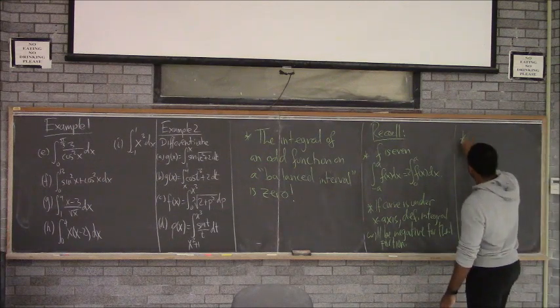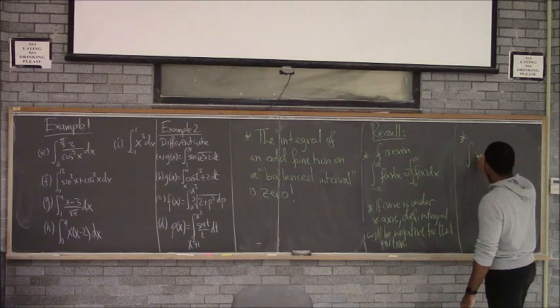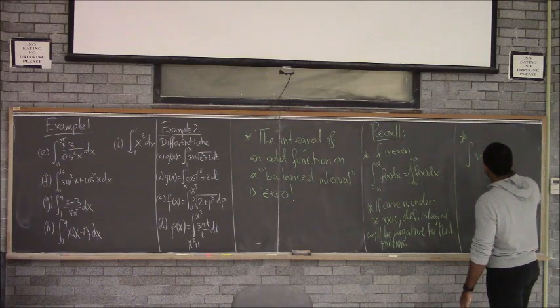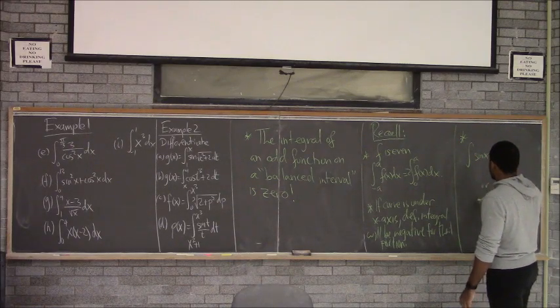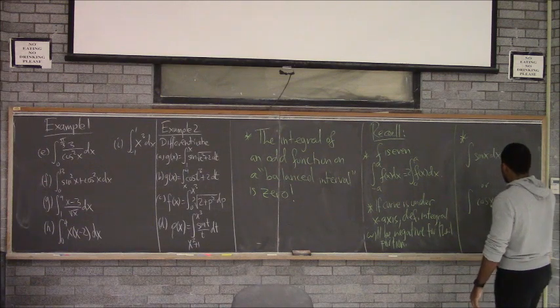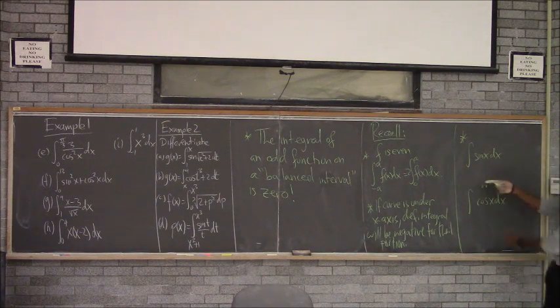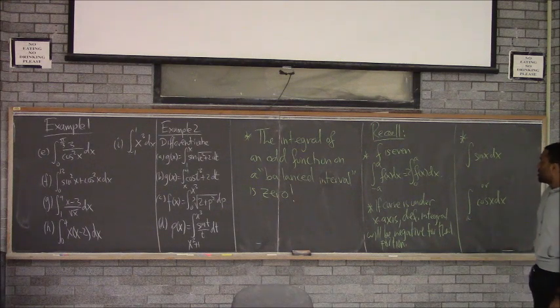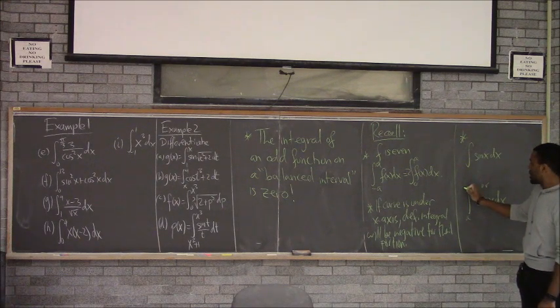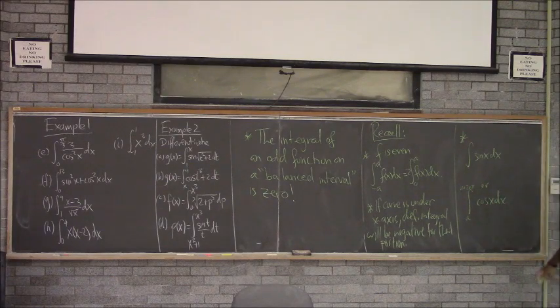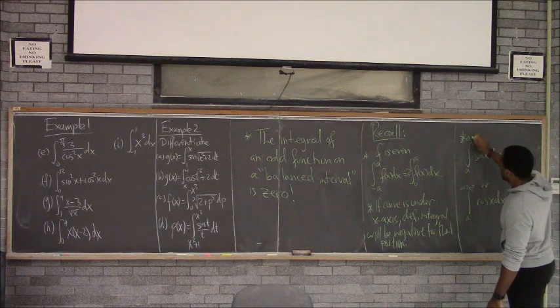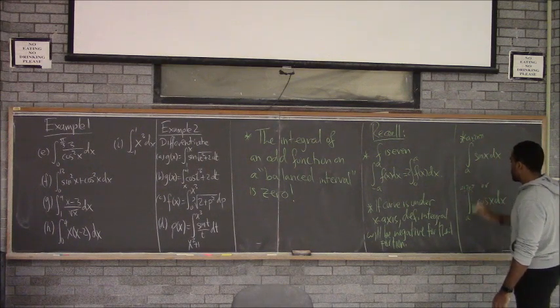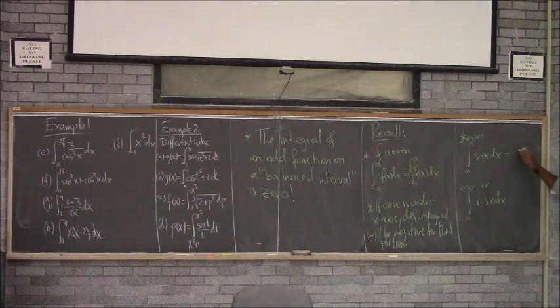Another thing I mentioned is if you're integrating, say, sine of x or cosine of x on any interval that is a multiple of their period, so you start at a and go up to a plus or minus 2n pi, then those would also give you 0.